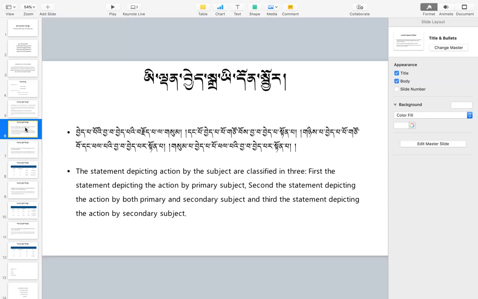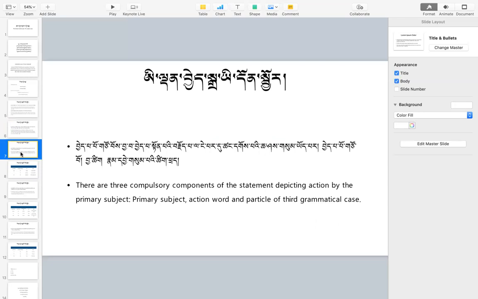So in this case, we say that the tree was cut down by the woodcutter. It could be a carpenter, but here we understand it as a woodcutter. But cutting of the tree is only possible because the woodcutter used the axe to cut down the tree. So therefore, the precedence is given to the secondary subject, the axe, rather than the primary subject, the woodcutter.